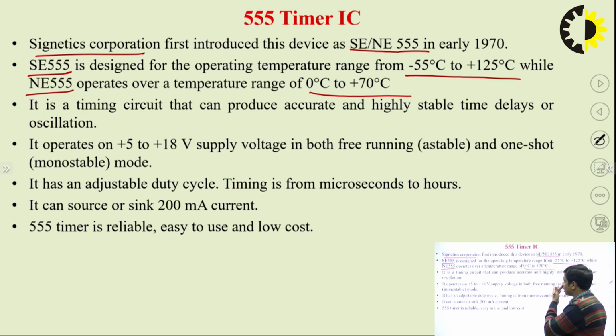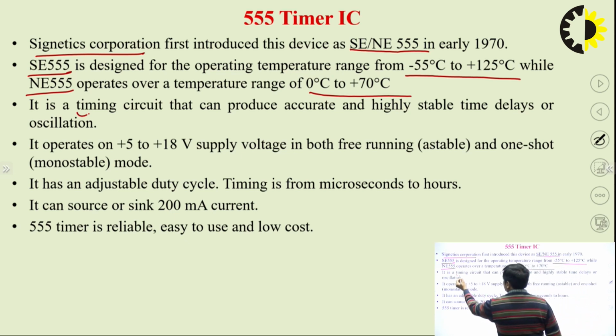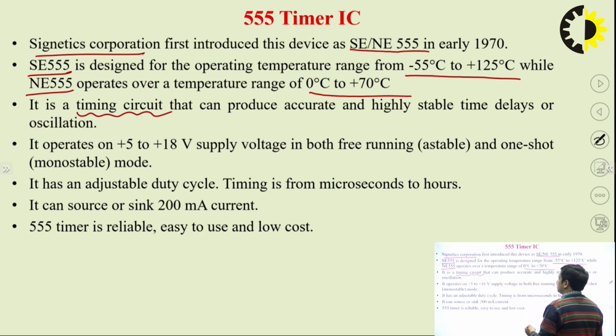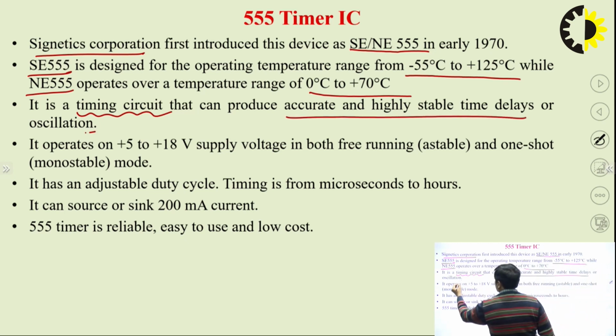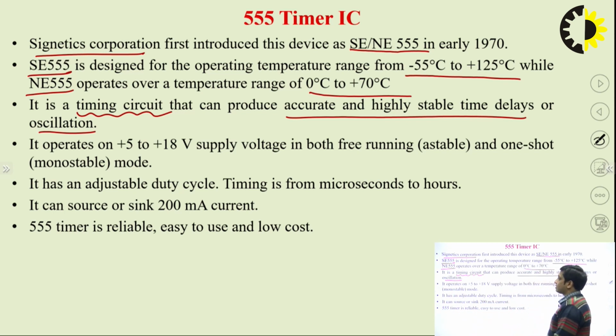So basically this 555 timer IC is a timing circuit. It is a timing circuit that can produce accurate and highly stable time delays or oscillation. So the main purpose of 555 timer IC is to provide delay and to generate oscillation. We can say that this 555 timer IC works in two modes.